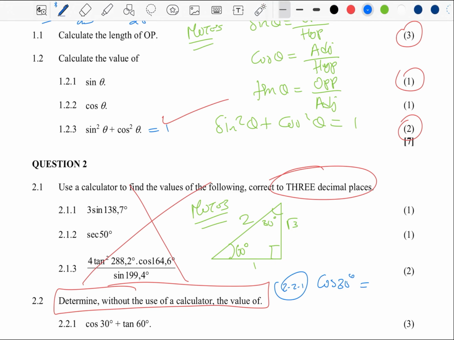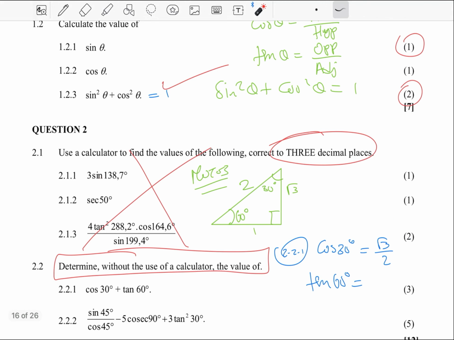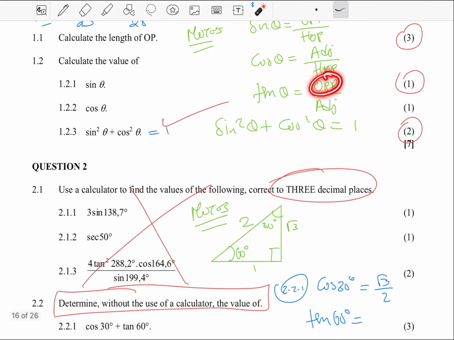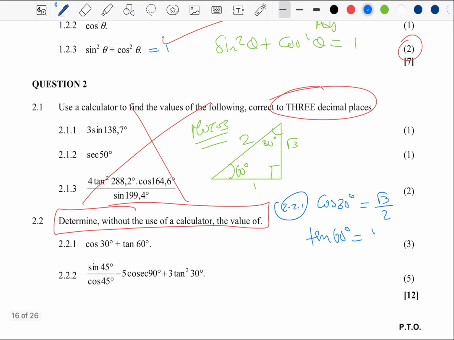So cos 30 is equal to root 3/2. Make sense? And then tan 60 degrees: tan theta is opposite over adjacent. The opposite side of 60 is root 3, and the adjacent side of 60 is 1. So it's root 3/1, which is equal to root 3.